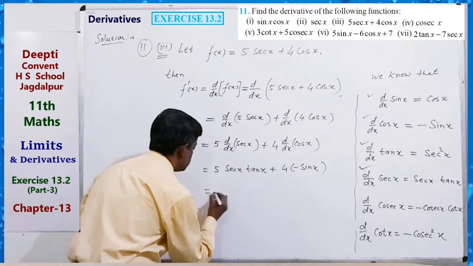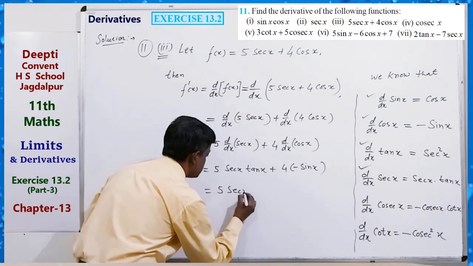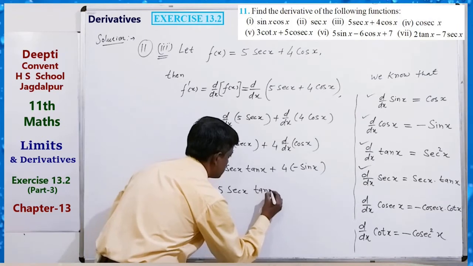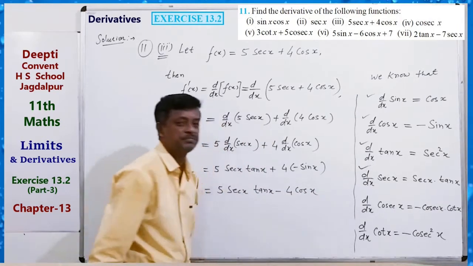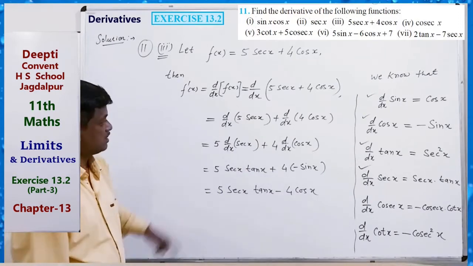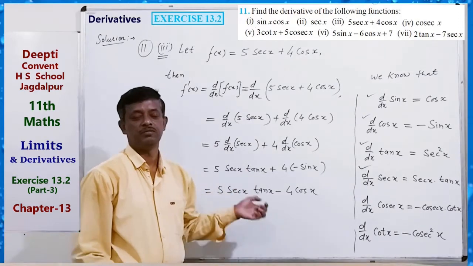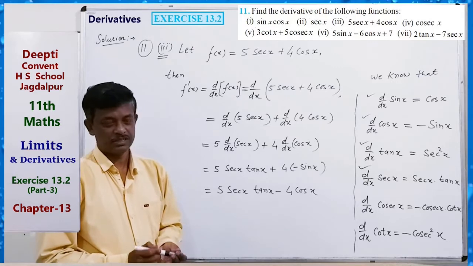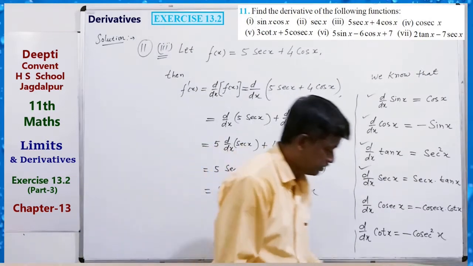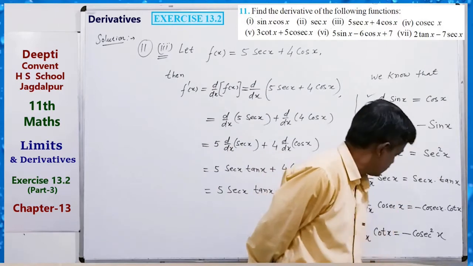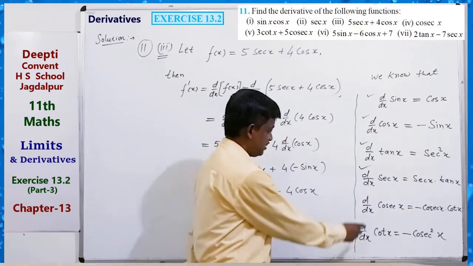So final answer is what? 5 sec x tan x minus 4 sin x. Okay, as a short question you can do up to now, and if long questions then just do it by using first principle method.